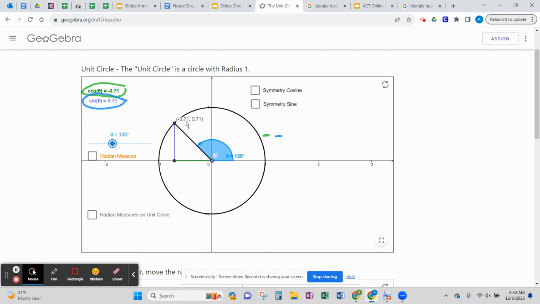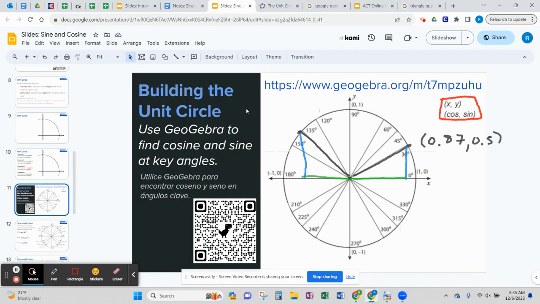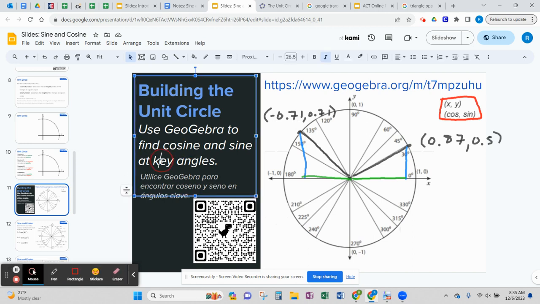We get a negative 0.71. That makes sense, a negative cosine, and a positive 0.71. So at this point here, we have negative 0.71 and positive 0.71.